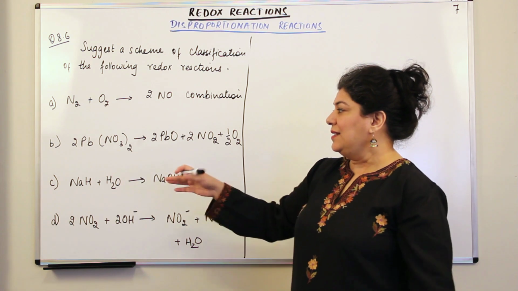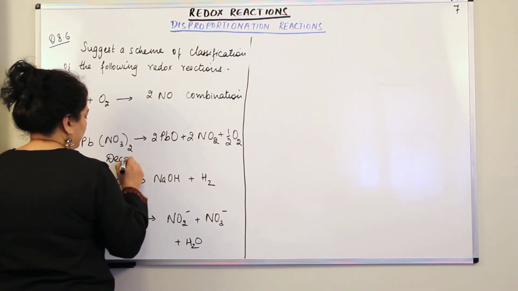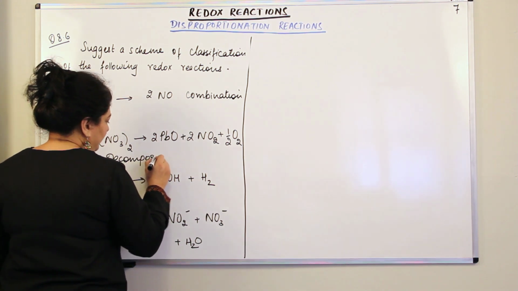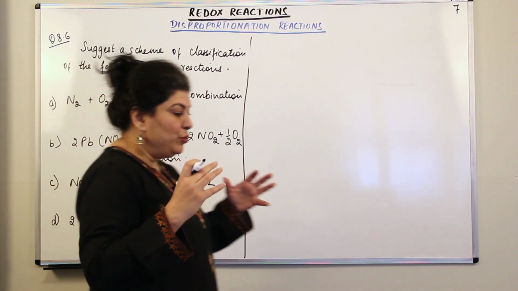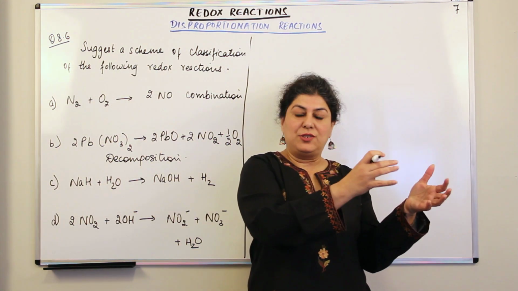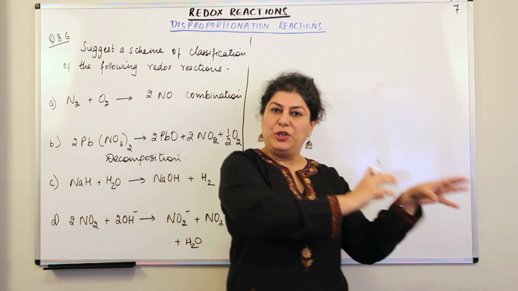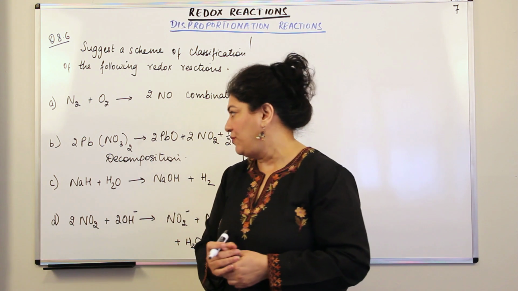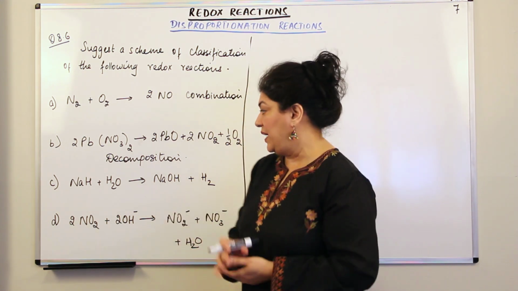So we say that this reaction is an example of a decomposition reaction. Very easy. Whenever you have small molecules building one large molecule in the product, it's combination. Whenever you have one large molecule making smaller molecules in the products, it is the opposite of combination, that is decomposition reaction. Both of them are redox reactions.